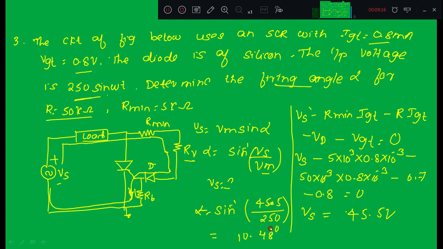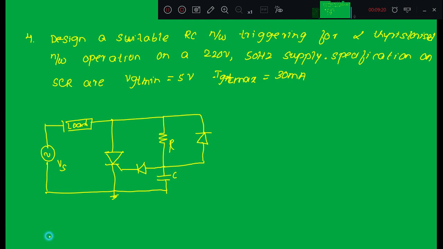This is on R. Next numerical we will take on RC firing. Design the suitable RC triggering network for alpha thyristorized operation on a 220 volt 50 Hz supply. The specification on the SCR is VGT minimum is 5 volt, IGT maximum is 30 milliamps.